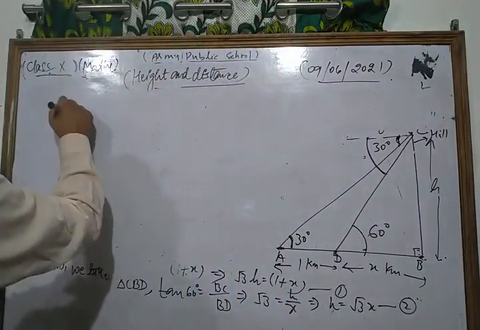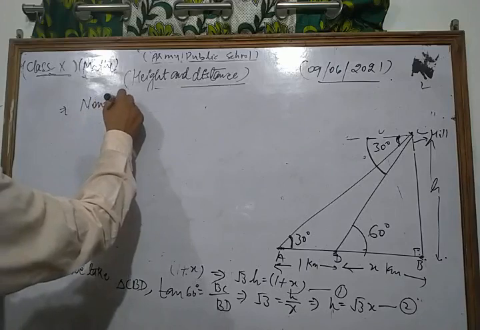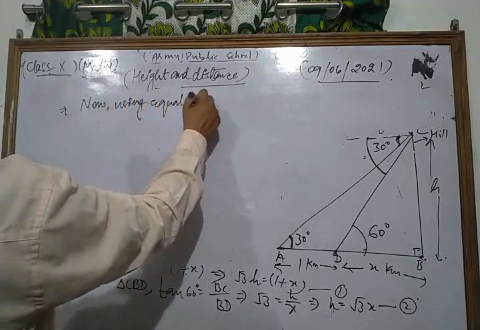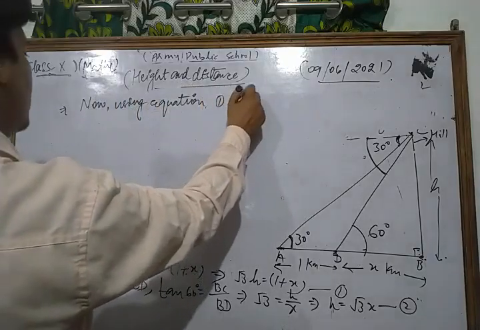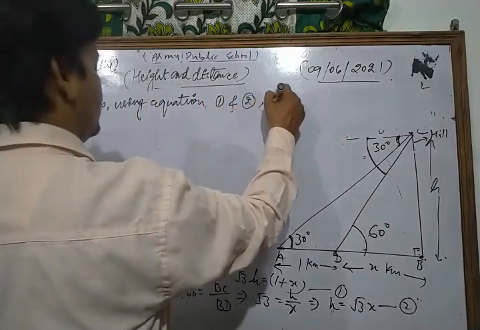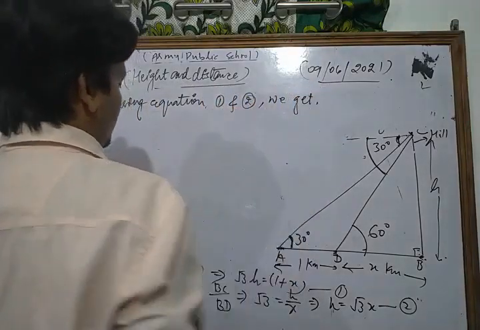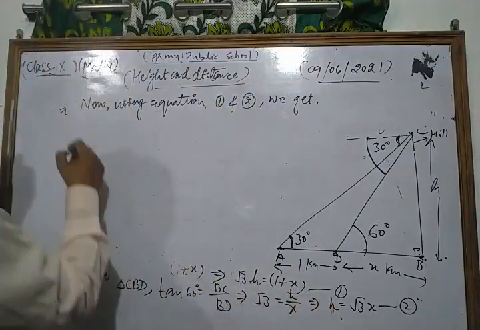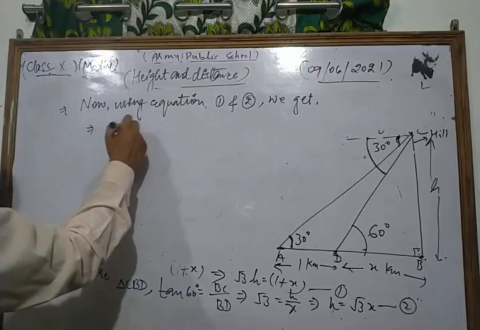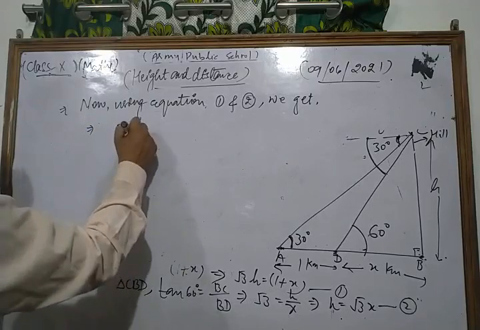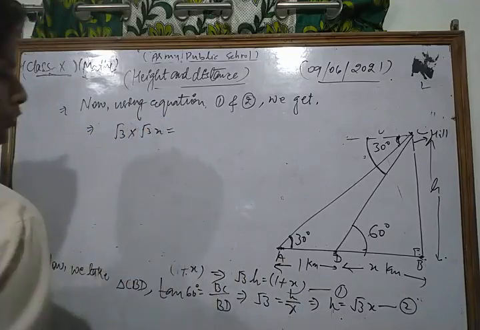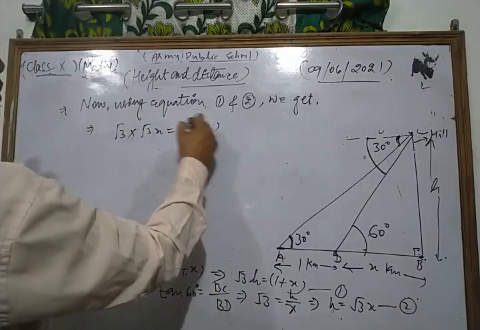Now using equation 1 and 2, we put the value of h in that equation, so we get under root 3 into under root 3x is equal to 1 plus x.